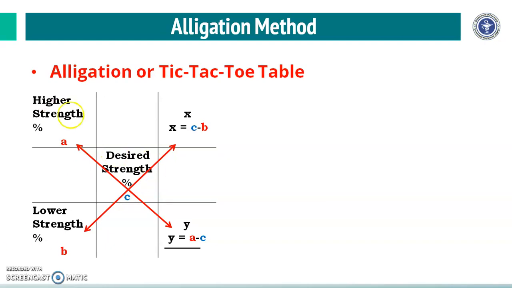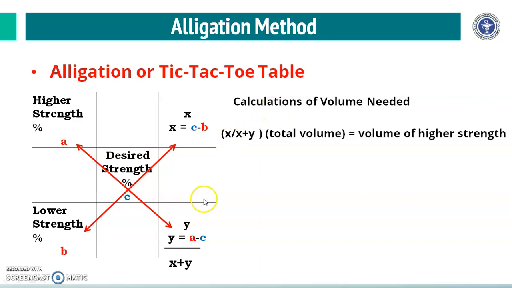Now when you are finding x as well as y, you will get the value where x plus y can be written, and this x plus y is very important when calculating what volume is needed to be mixed together, because whatever we have got is the parts, and if you have to convert it into volume, then you have to use the formula x divided by x plus y into total volume.